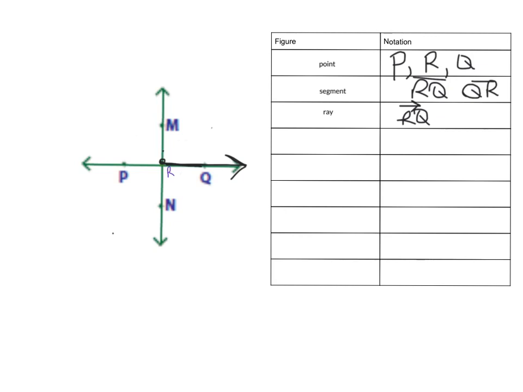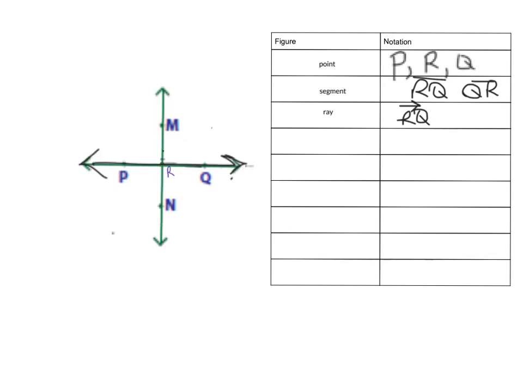Now, in this diagram, we could also name one of the two lines that are seen here. And there are several lines. One of the lines is PQ, and PQ goes in both directions forever, starting at this side, P, and going in the direction of Q, like so.